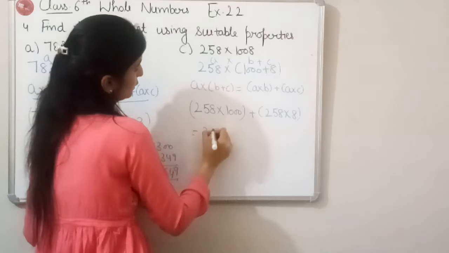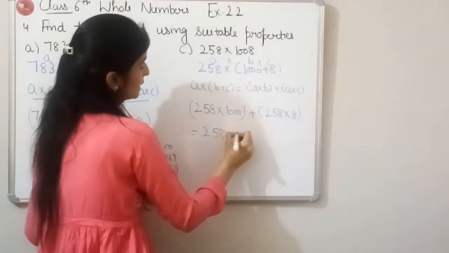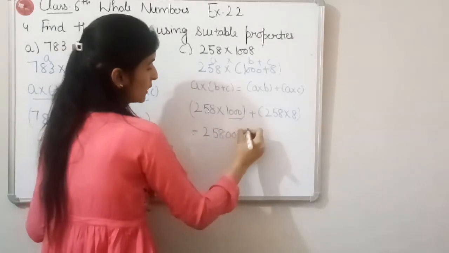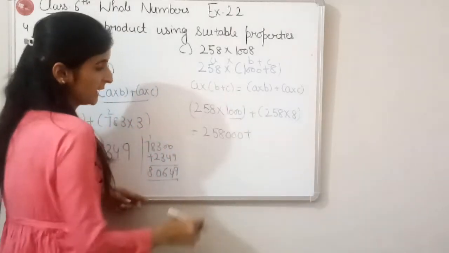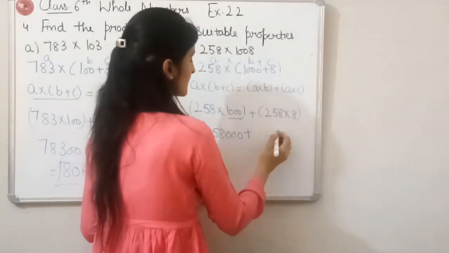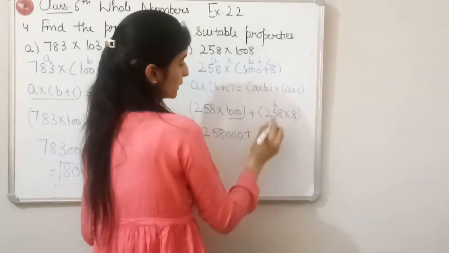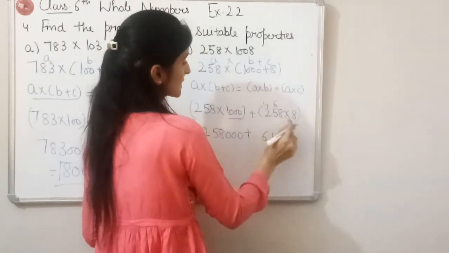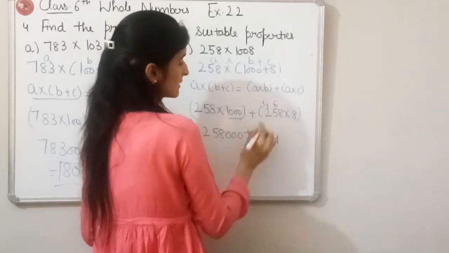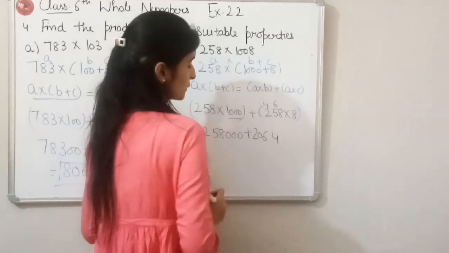That will be equal to 258,000 plus this multiplied by 8, which is, 8 8s are 64, 8 5s are 40, 40 and 6, 46, 8 2s are 16, 16 and 4, 20.